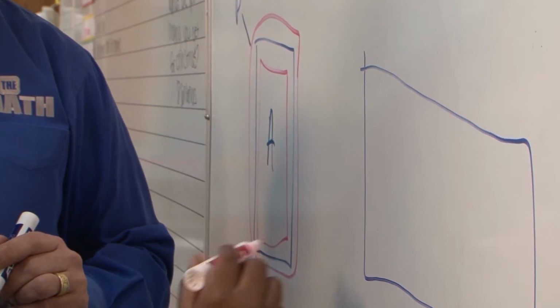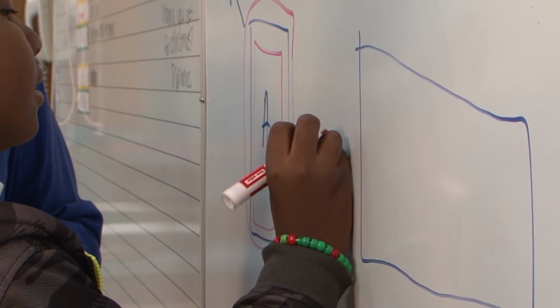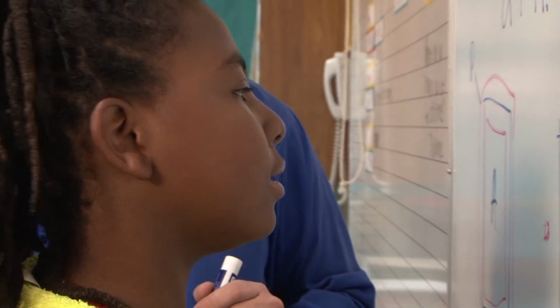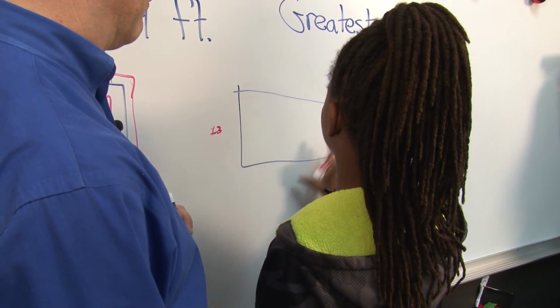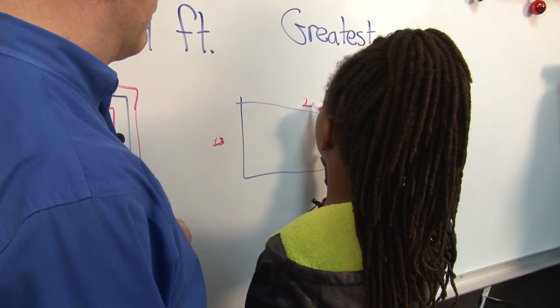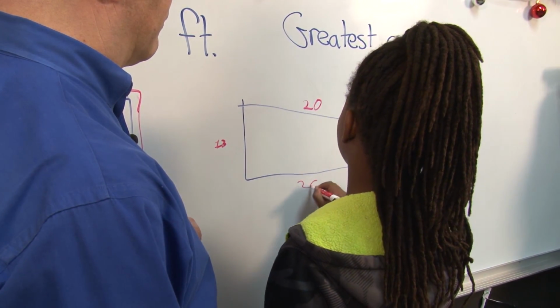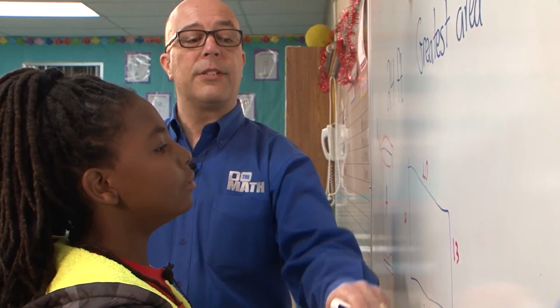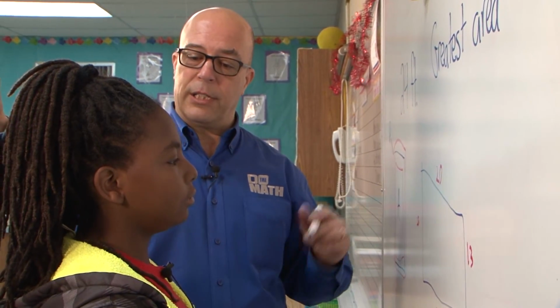So, for instance, let's say this is 13 feet on both ends. And then these two are 20 feet. And that would work because this is larger than that, isn't it? Yep. But if we add all of this up, what would we have all together?